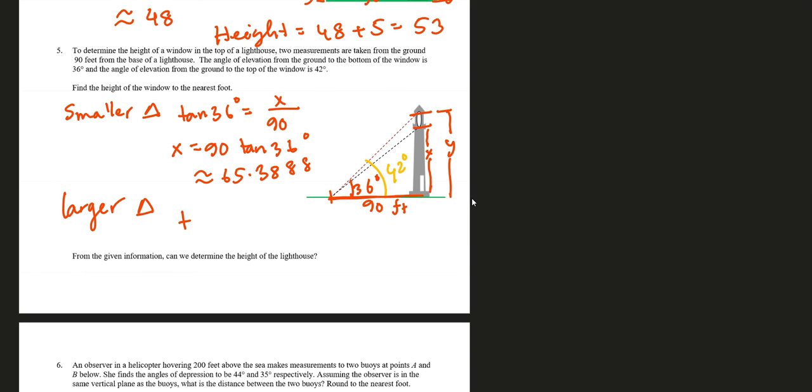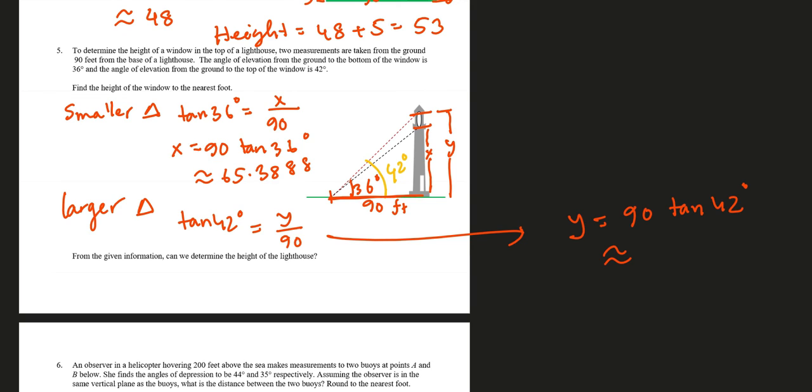Now the larger triangle: tan 42 degrees equals y over 90. Again, I'm putting degrees, not degree. So from here I'm showing the calculation. y equals 90 times tan 42 degrees, and that gives us approximately y equals 81.0364 feet.